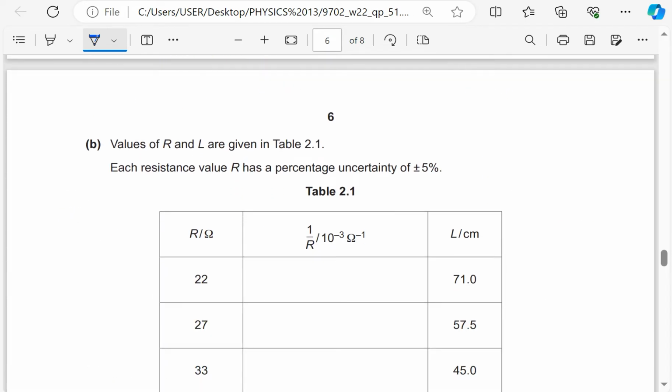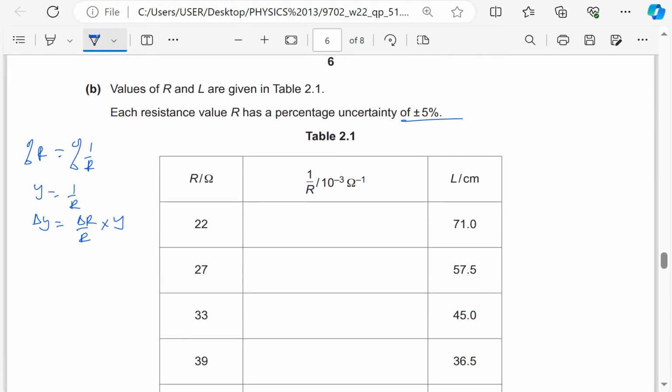Values of R and L are given in the table. Each resistance value has a percentage uncertainty of plus or minus 5%. That means the absolute uncertainty is 5 over 100 times the value of R. And remember, the percentage uncertainty in R is always the same as the percentage uncertainty in 1 over R. If you don't remember, if Y is equal to 1 over R, then absolute uncertainty in Y is the same as absolute uncertainty in R over R times the value of Y. So the percentage is going to be the same.